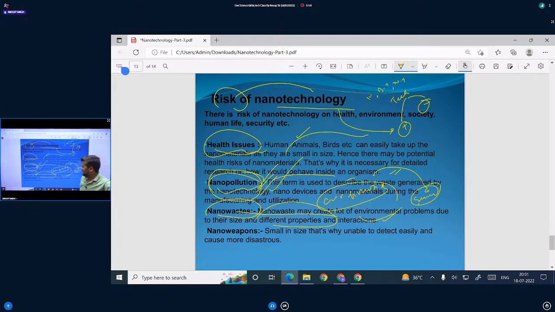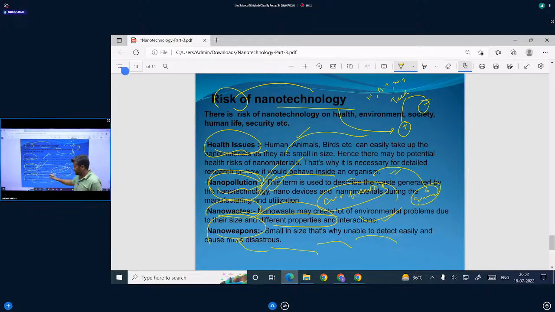Okay, next, nano weapons. On the one hand these nano weapons are useful, but if those countries which develop the nano weapons are not able to handle them properly, then it will create a great disaster, because these weapons are very small in size, they are not easily detectable, and they are more dangerous also.